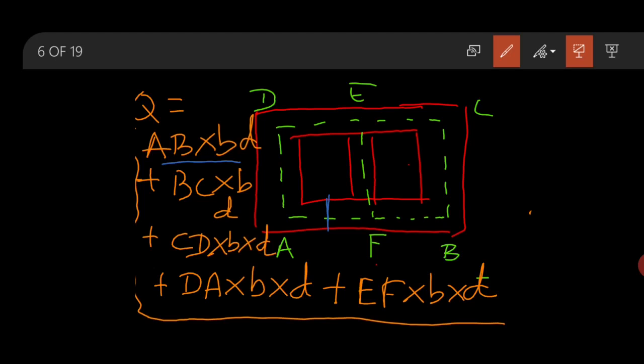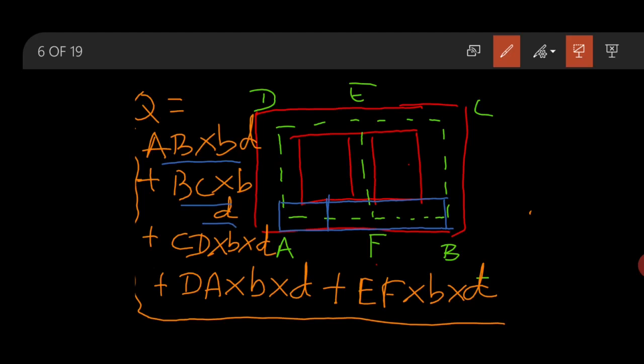It can be anything. So this will represent the width. Here AB into B into D will cover this much of portion. Clear?